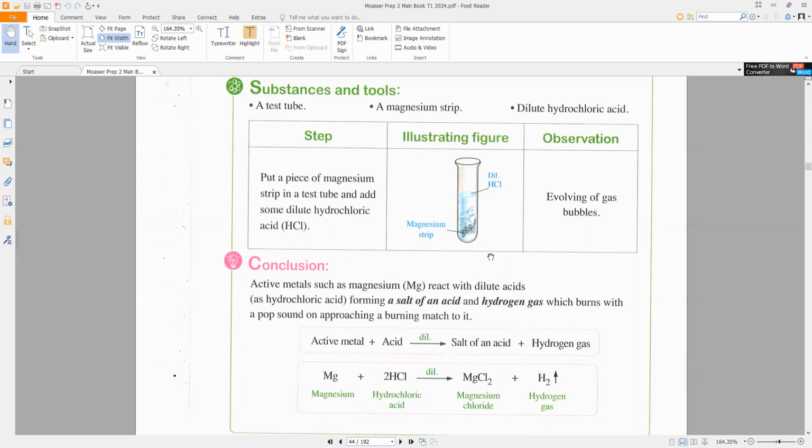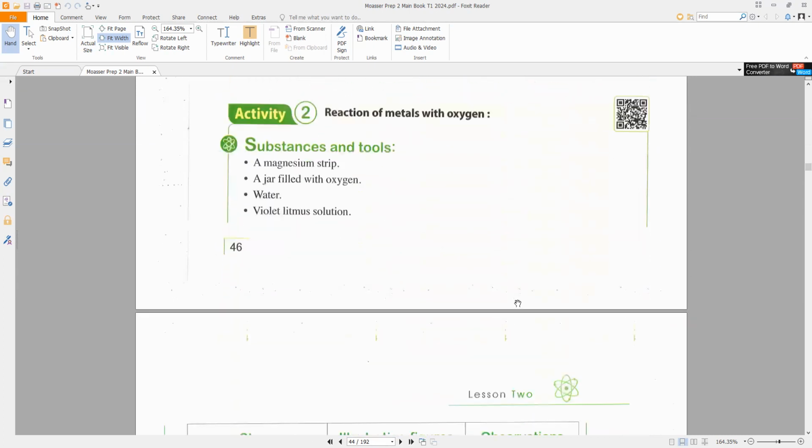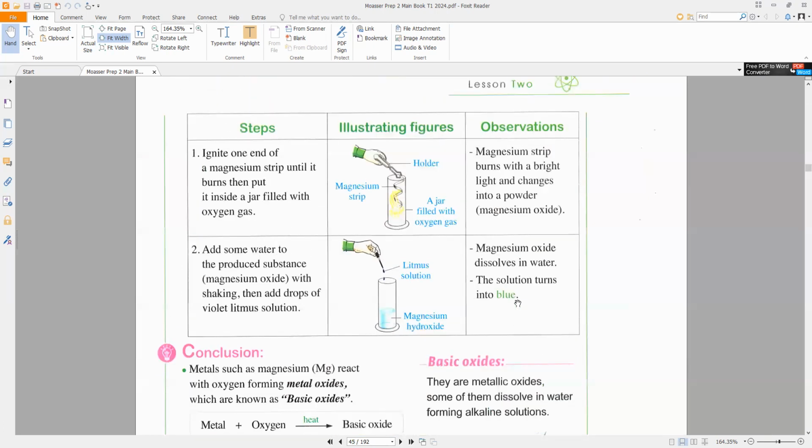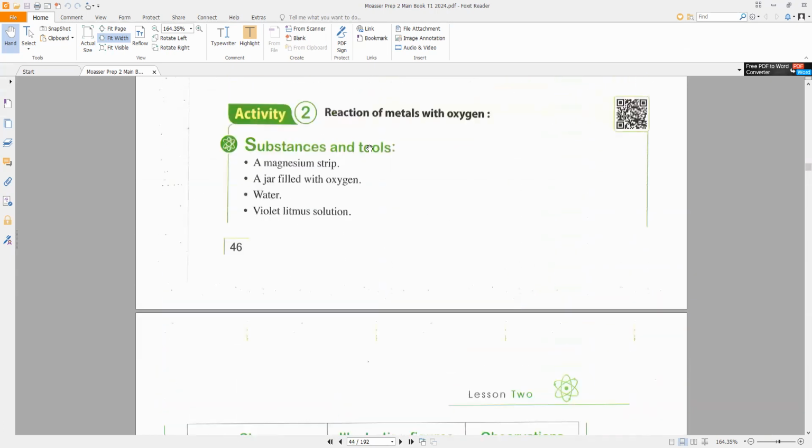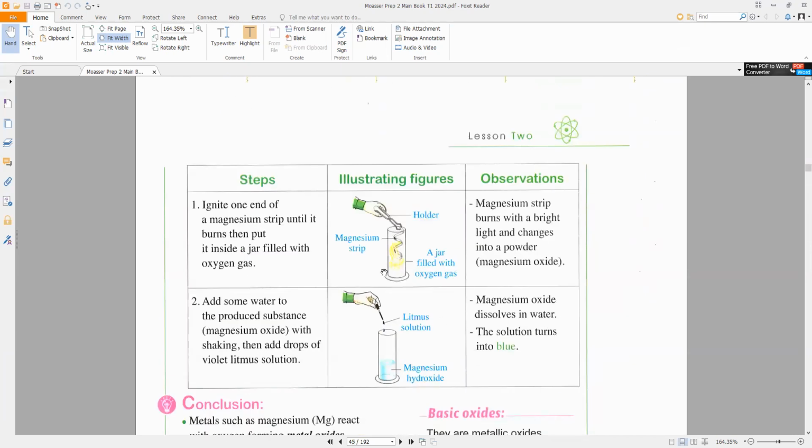But when the metal reacts with oxygen, when magnesium also reacts with oxygen by burning the magnesium ribbon with fire, we burn it, so it reacts with the oxygen around it in the jar. And what happened? A white powder formed at the bottom of the test tube.